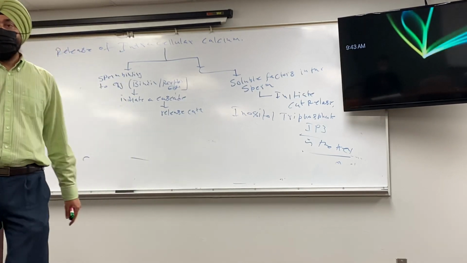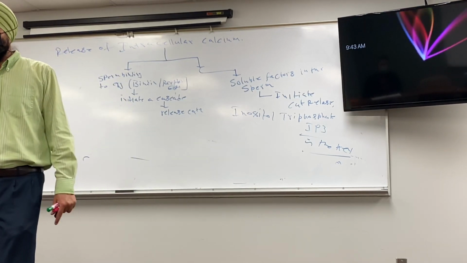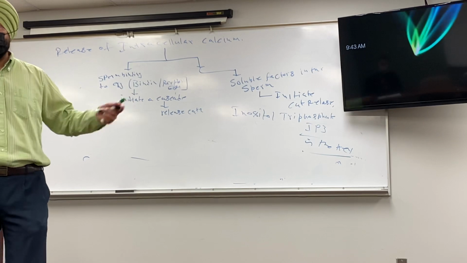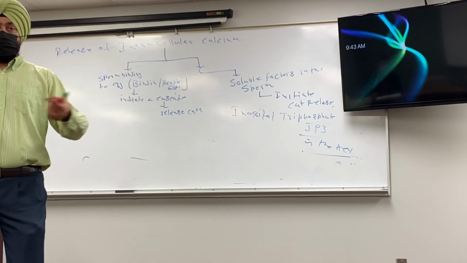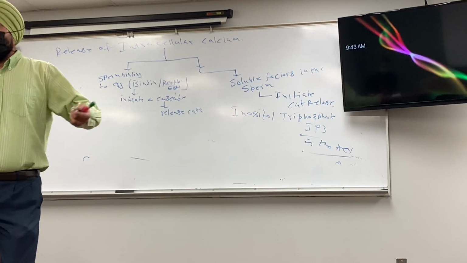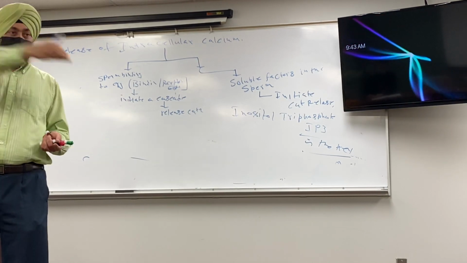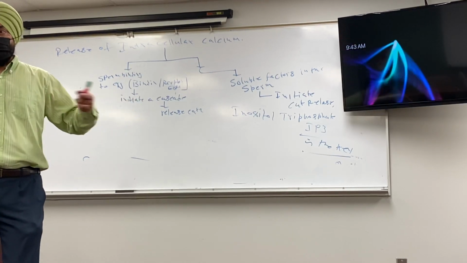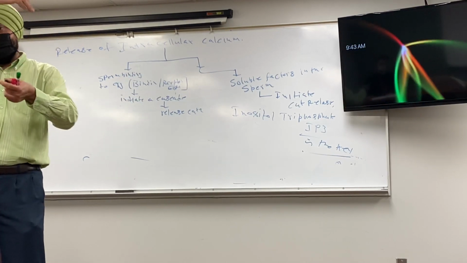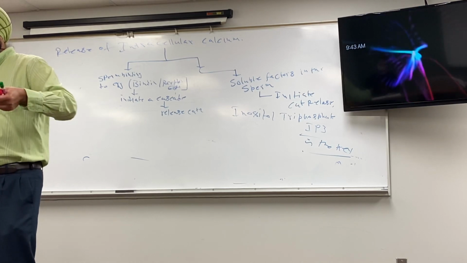Okay? So IP3 is the initiator of calcium. So that's why they're saying whatever happens doesn't matter. If you inhibit IP3 from functioning, development will not take place. If you just inject IP3 from outside, development will start. So that means IP3 is the key. So IP3 is downstream of those things, right?